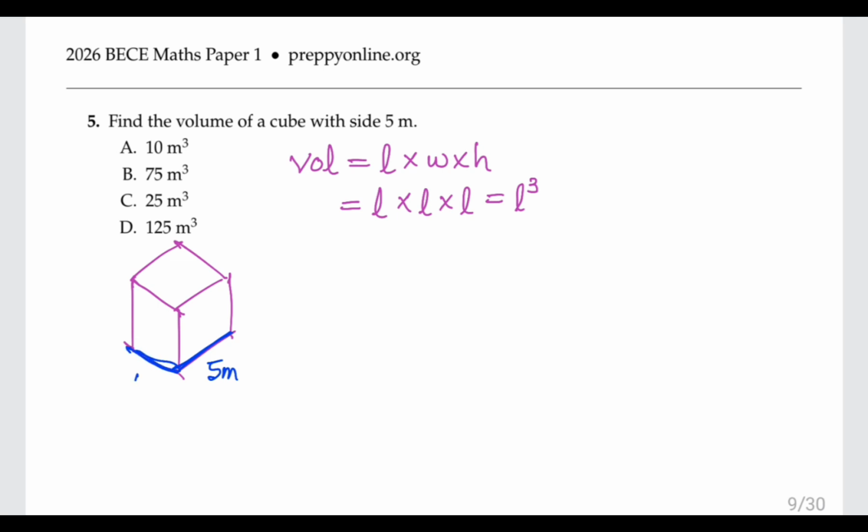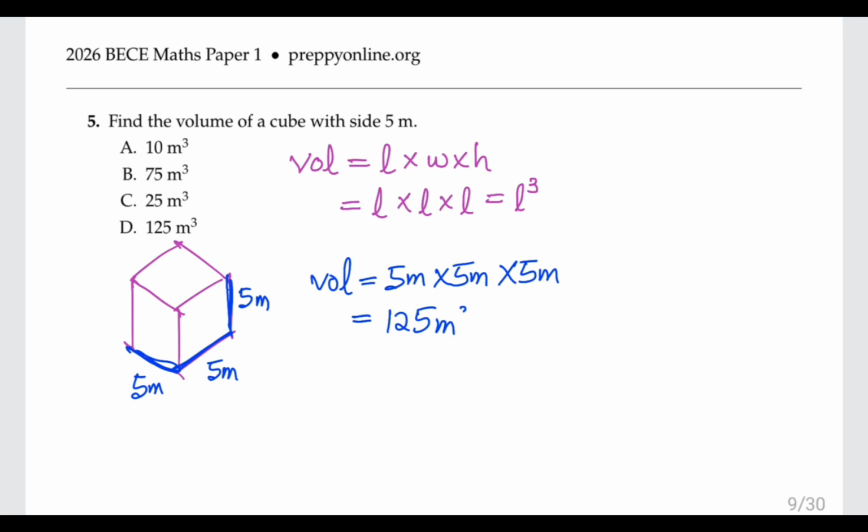The width is also 5 meters, and then the height is 5 meters. Then from this sketch and also from the formula, we know that the volume is just 5 meters by 5 meters by 5 meters. And this is going to give us 125 cubic meters, or meters cubed. So that's D.